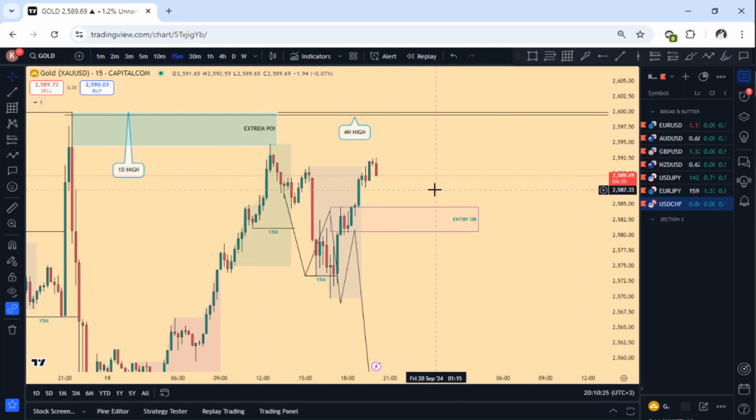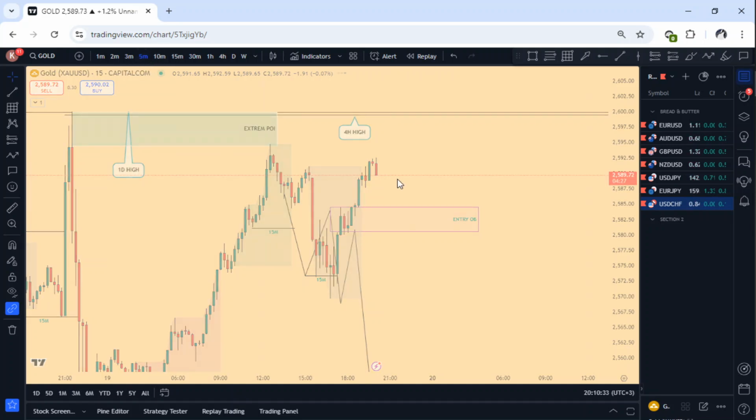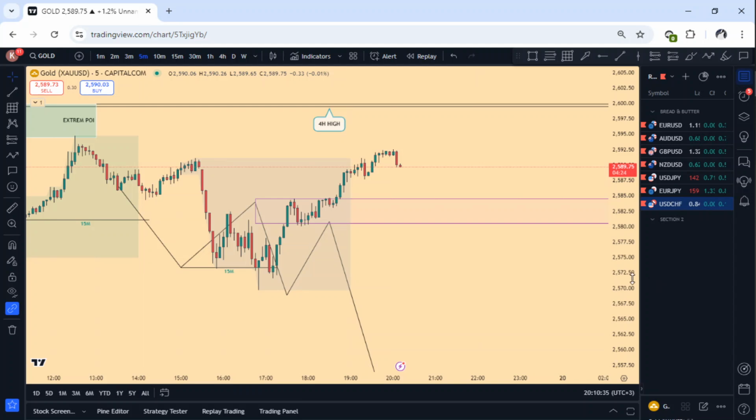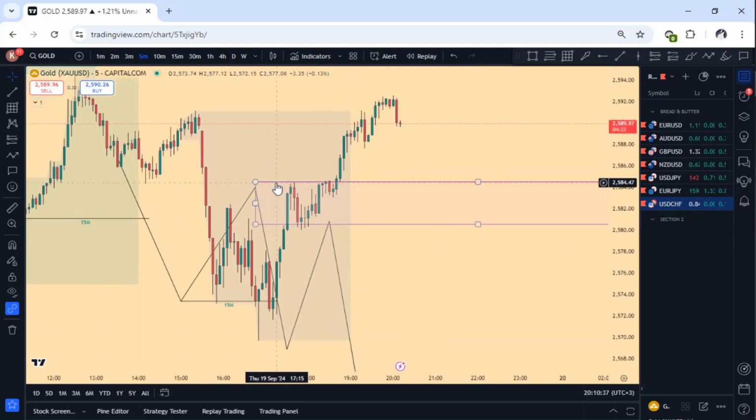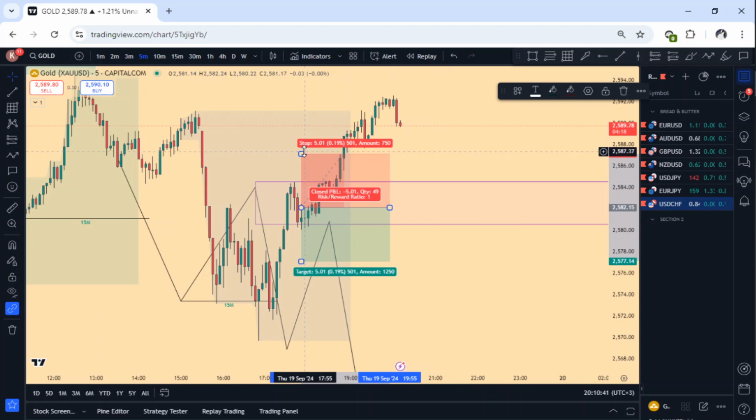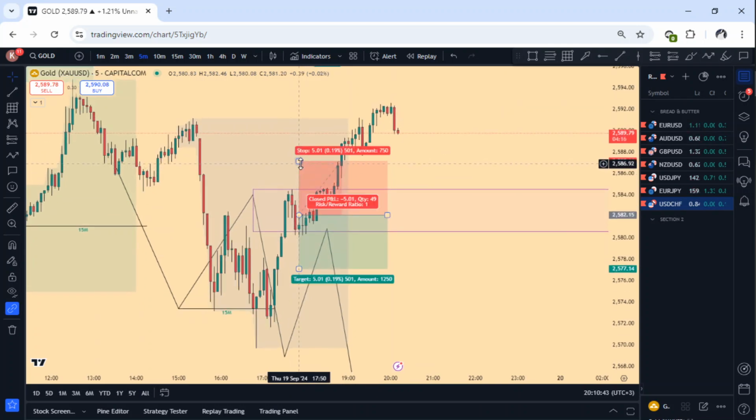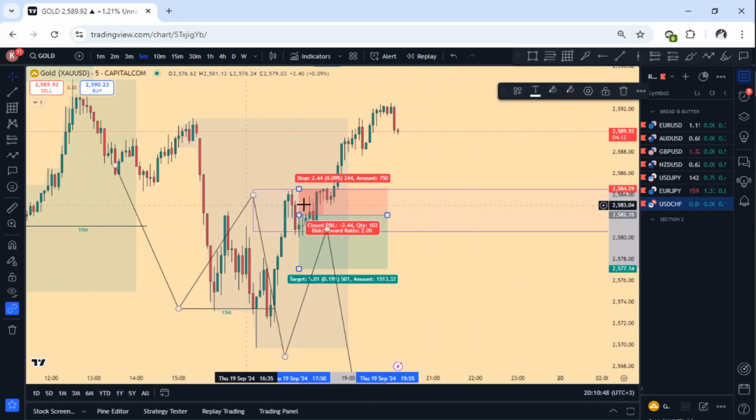it will sell, yes, but as you can see, it came here and immediately it started misbehaving. Now it came here, gave me scope, and immediately stopped me out. This was nice scope, and immediately it would have stopped me out after taking the inducement.